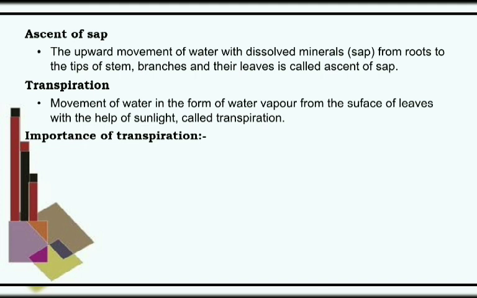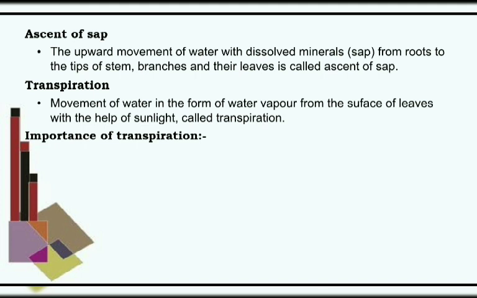Now, the importance of transpiration. There are so many importances of transpiration. First, water vapor is released from the leaf, and it helps in the formation of clouds and helps to maintain the environmental temperature. When water is lost from the leaf, ascent of sap, that is the movement of water from soil to the tip of the plant, occurs.